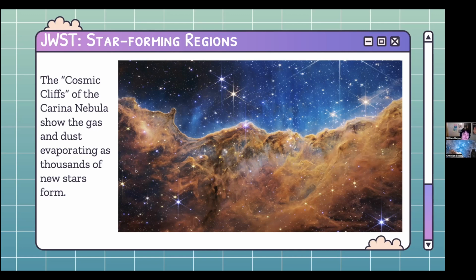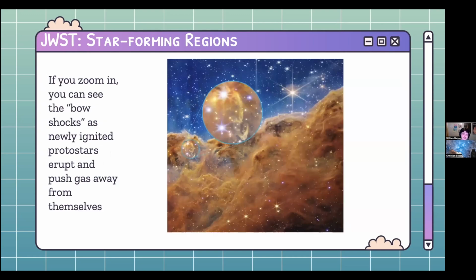You have all of this wonderful diffuse gas and dust out here, and thousands of newly forming protostars. And interestingly, if you zoom in on this picture, you can see those bow shocks from those newly ignited protostars all over the nebula. So with this one image, you're really capturing just the birthplace of hundreds and thousands of newly formed solar systems.